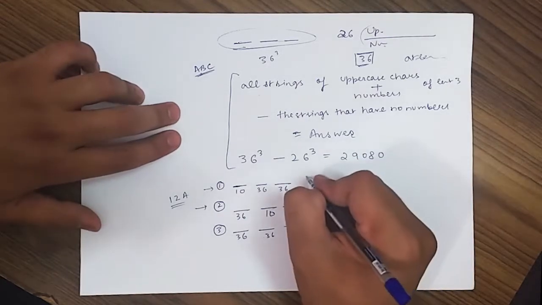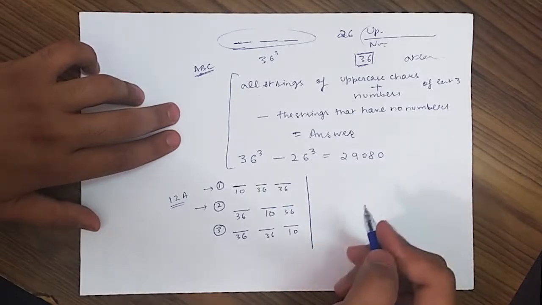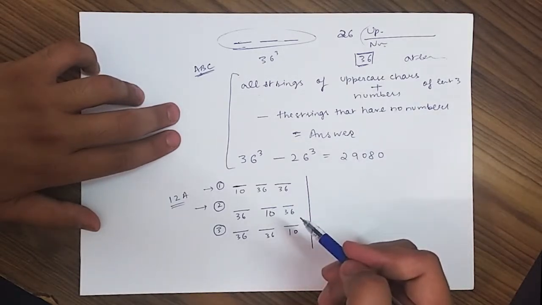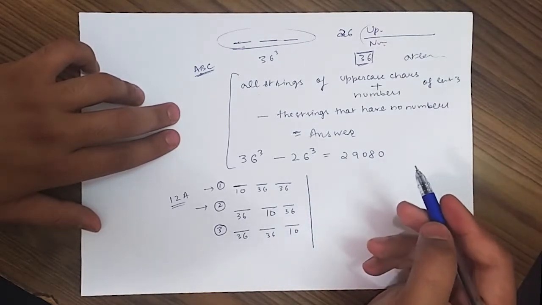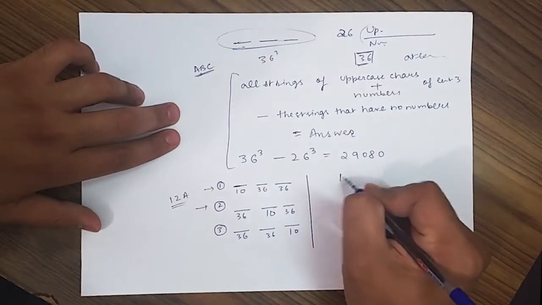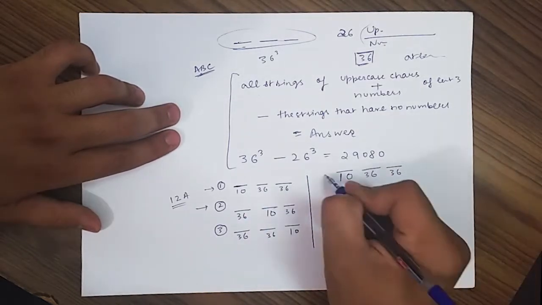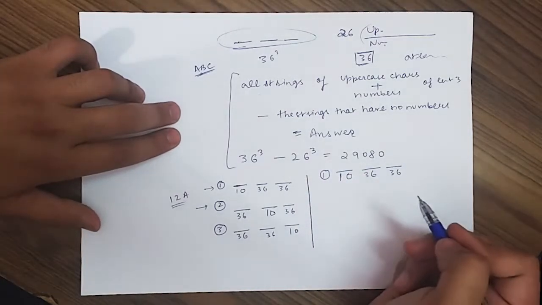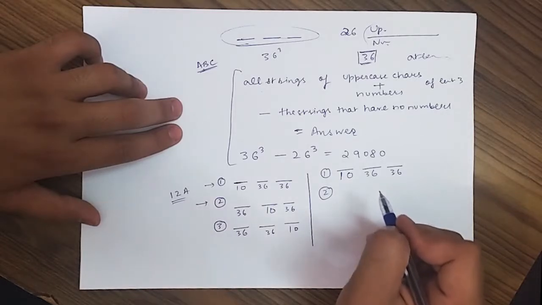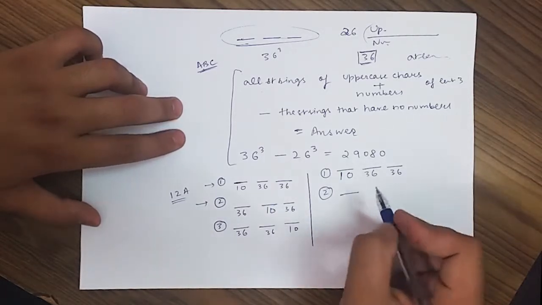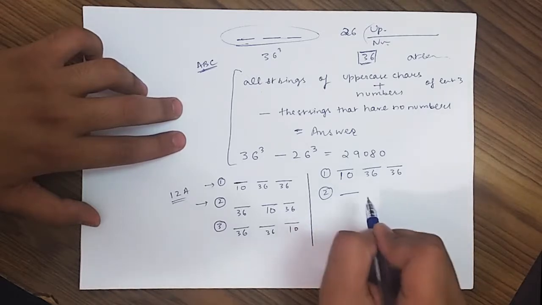What you have to do is make cases taking into consideration that you are not counting duplicates. So the first case will be the same 10, 36, 36. For the second case, you don't have to make the first place a number, we have to restrict it.